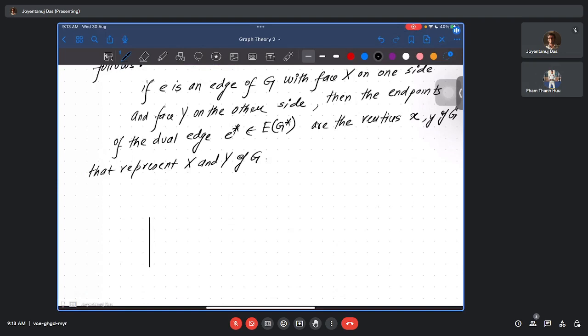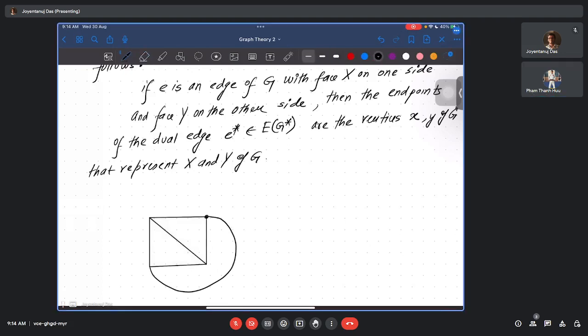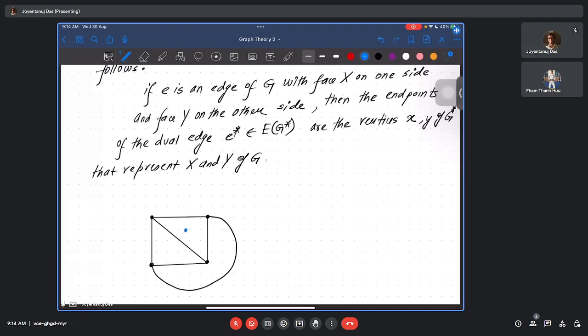So we'll take our K4. So this is our K4. Now the G star will be like this. This is one vertex because this is one face. This is one vertex, this is one vertex, and the outer face will be one vertex. So there are again four vertices.